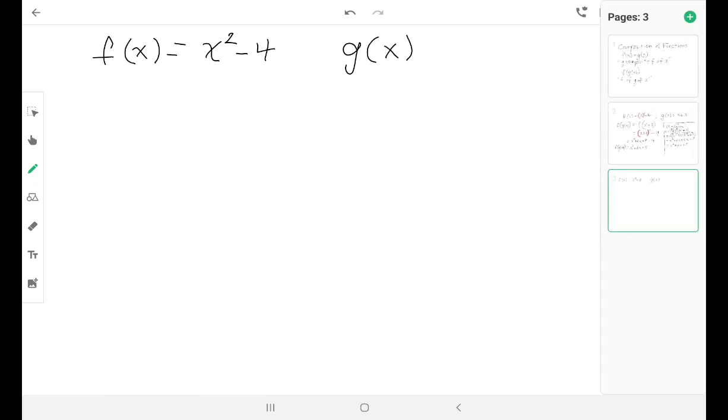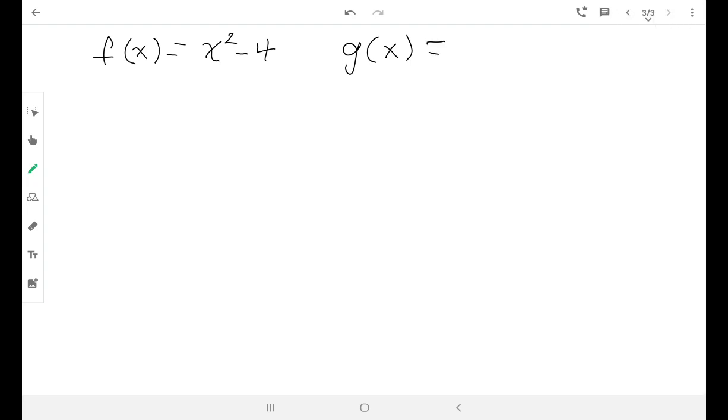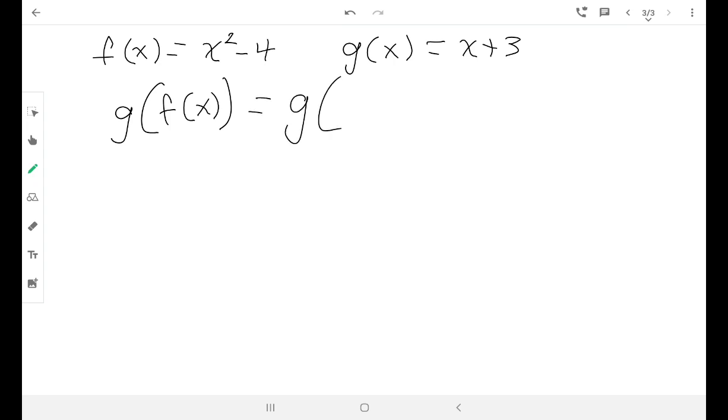It was x plus 3, and let's do g of f of x instead. So that'll be g of, and f of x equals that right there, so I'm going to put that into here.